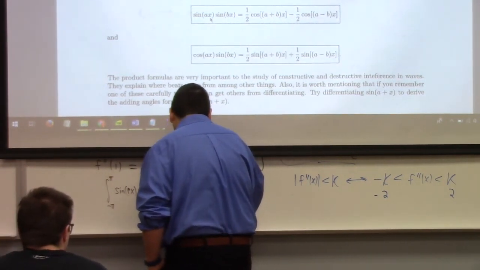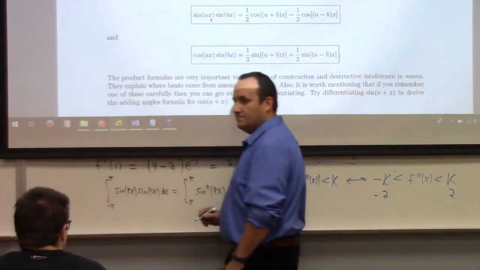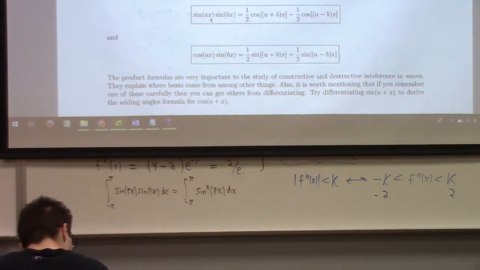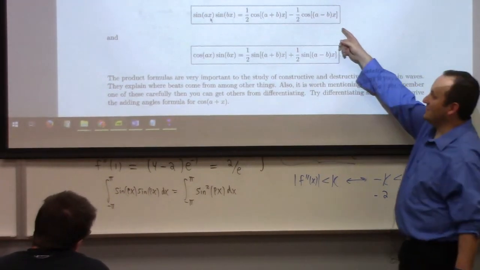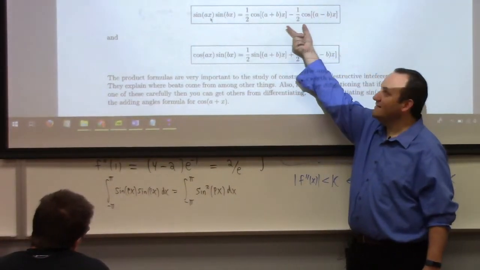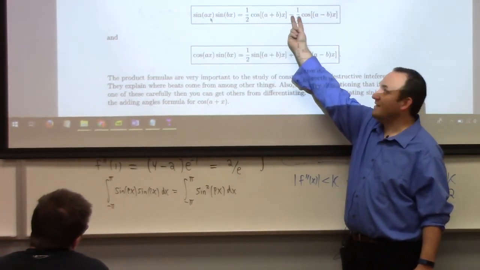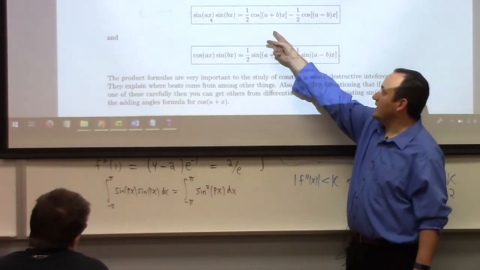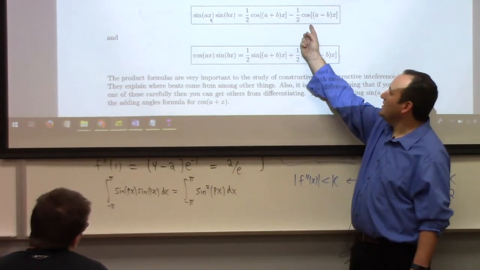Yeah, I heard sine squared. So we have sine squared px, and we can do that a different way, right? I mean, I guess you could still use the formula. If you put p and q equal, what does this give you? 2px here, and p minus p, which is 0, so you get 1/2 of cosine 2px minus 1.